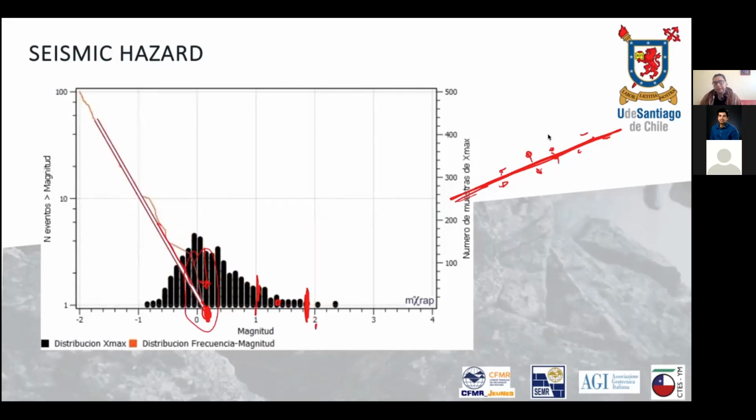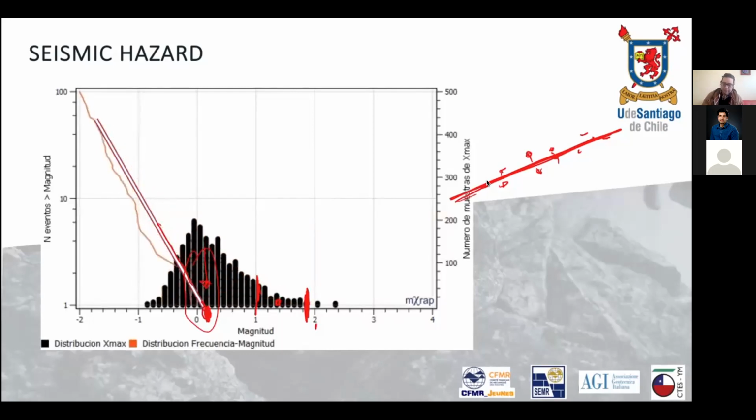So in this case, this was done using a simple code that generates synthetic distributions, and based on all of those realizations, I can calculate the distribution of the maximum magnitude.